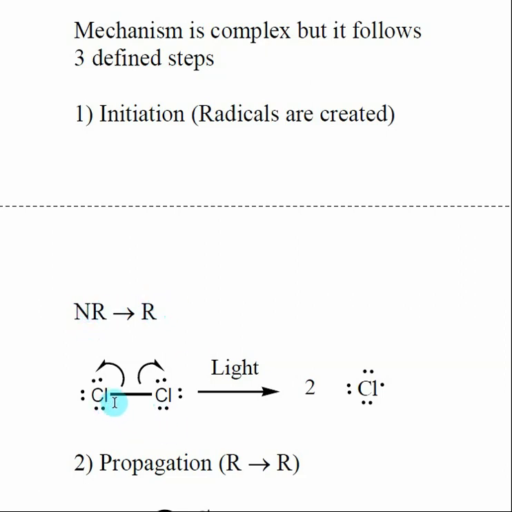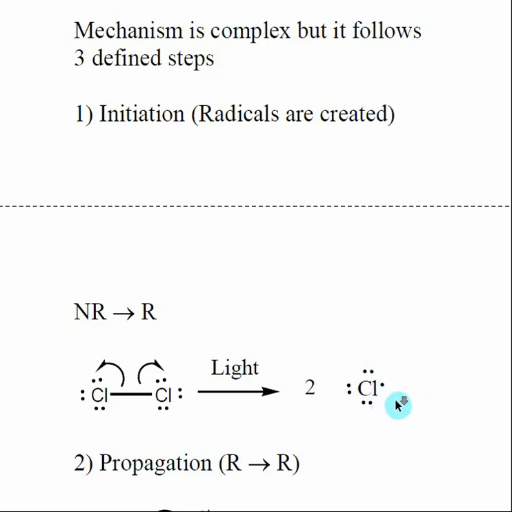So here it is, our chlorine. This chlorine bond is relatively weak, such that if we hit it with some UV light, this will undergo homolytic cleavage, 1 electron going to each chlorine, and we end up forming 2 chlorine free radicals. Okay, so this is the beginning. This reaction won't occur until I start making these chlorine free radicals.